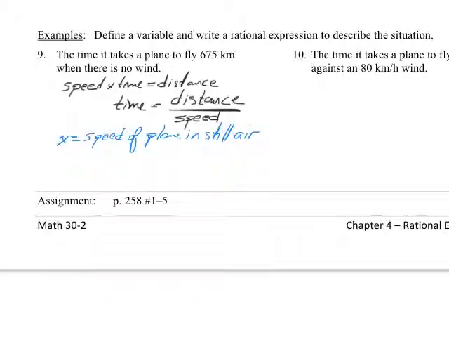And so my expression for time will be that distance of 675 over the speed, which is x. So this will be my expression that describes the time it takes for this plane to fly 675 kilometers.